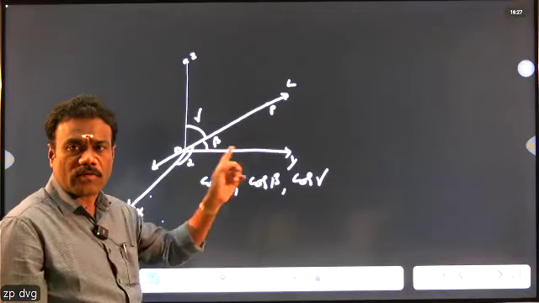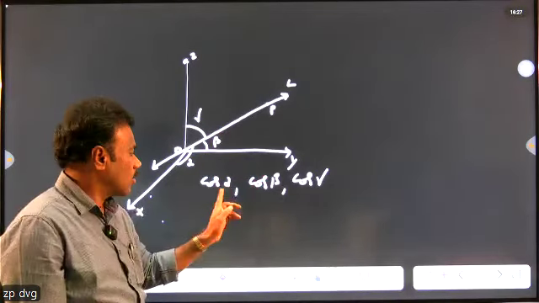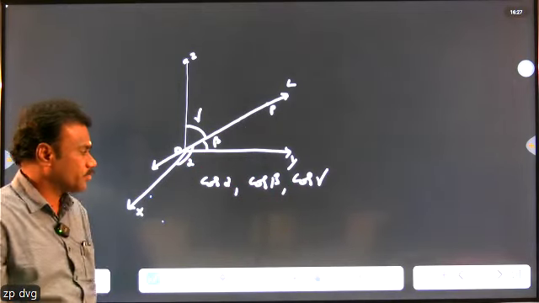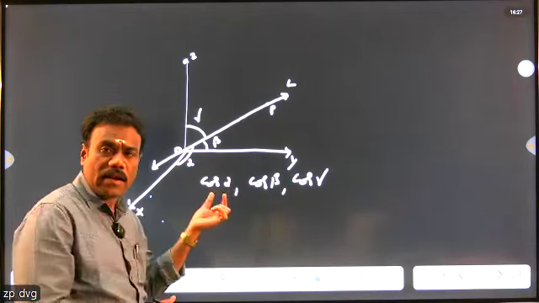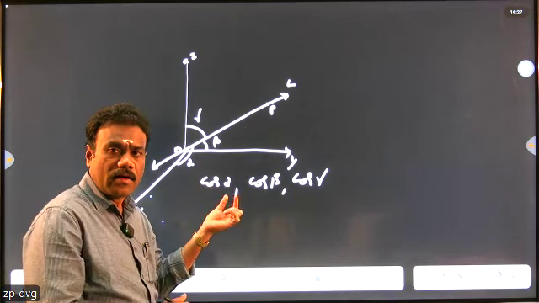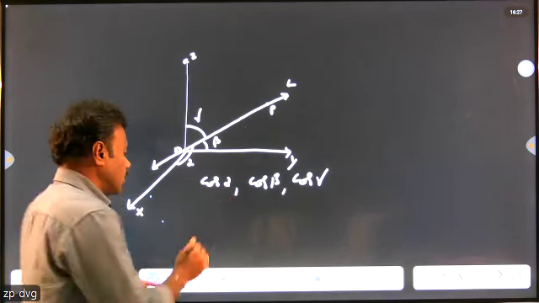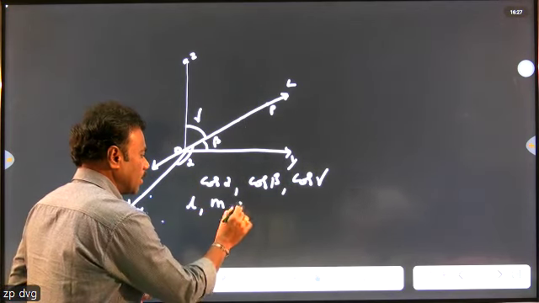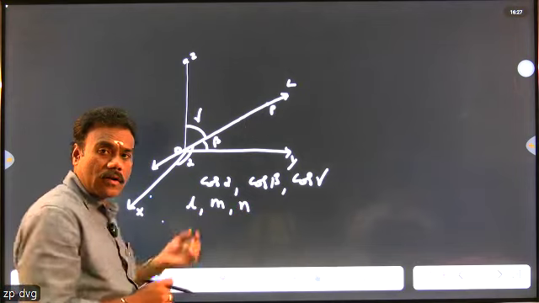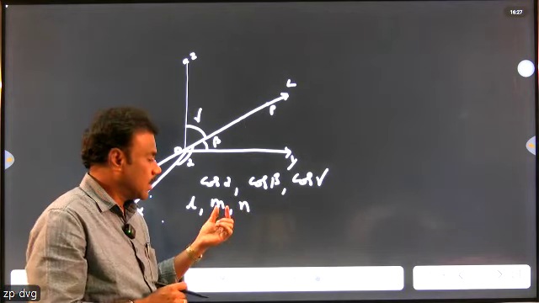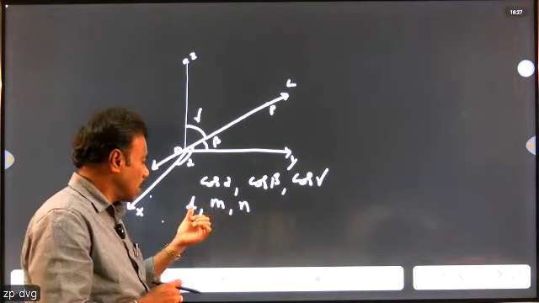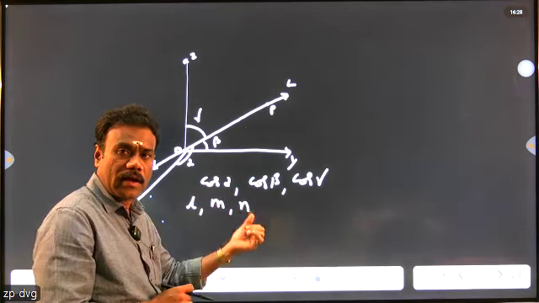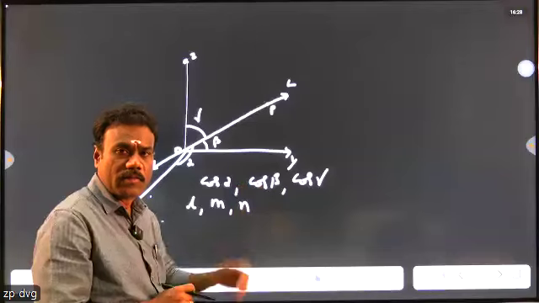These direction cosines are denoted with the letters L, M, N. So L is equal to cos alpha, M is equal to cos beta, and N is equal to cos gamma.